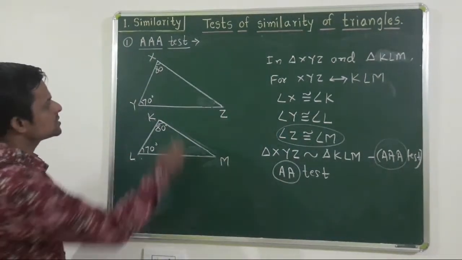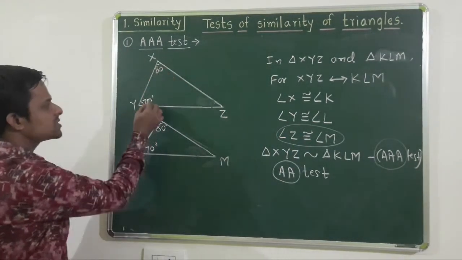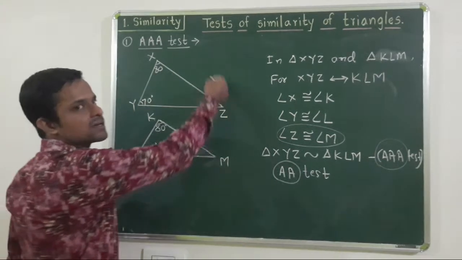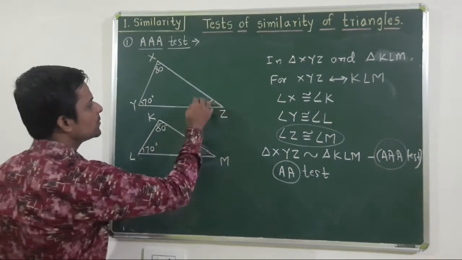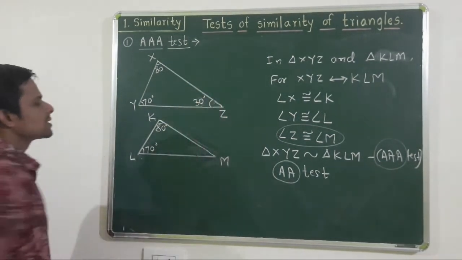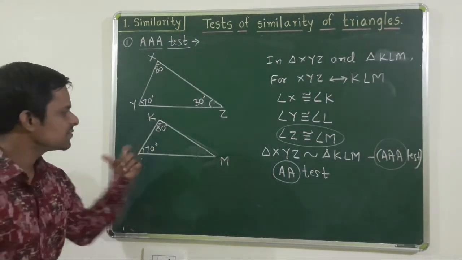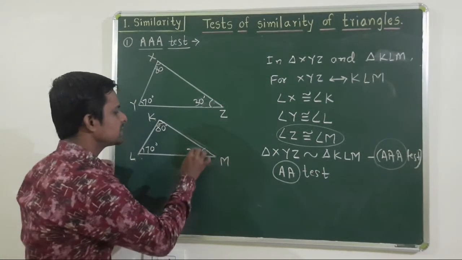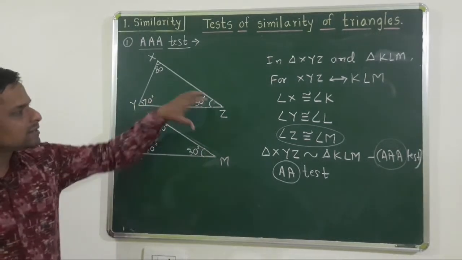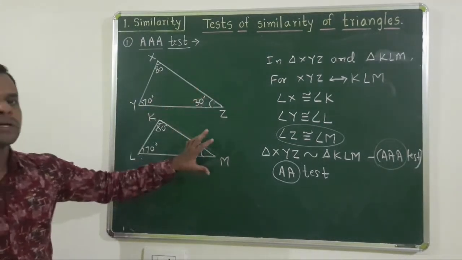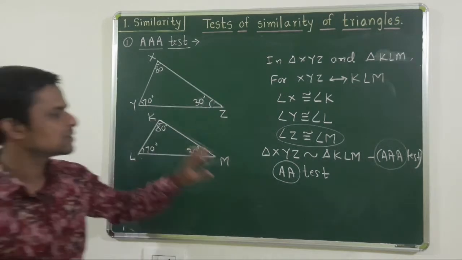Since this one is 80, this one is 70, and the sum of all three angles is 180, therefore this will obviously be 30. Similarly, this one is 80, this one is 70, therefore this will again be 30. Even if it is not given, the third pair will be congruent. Therefore, we don't want this third A.